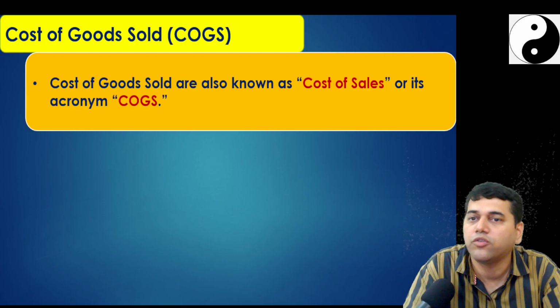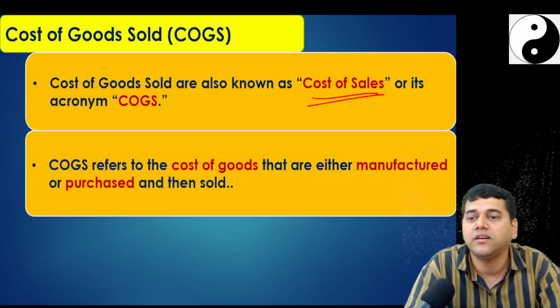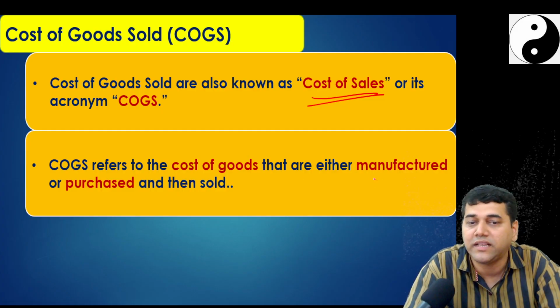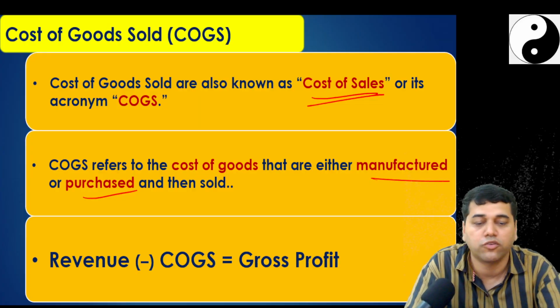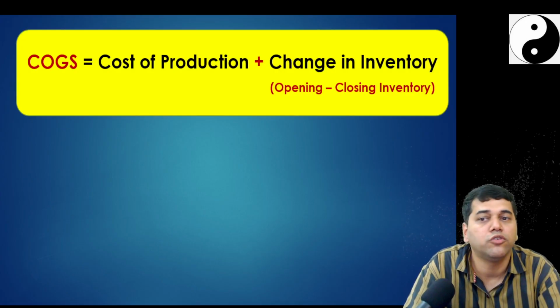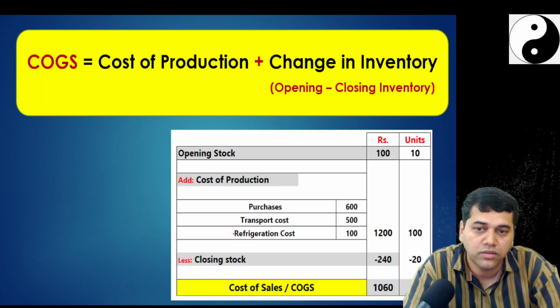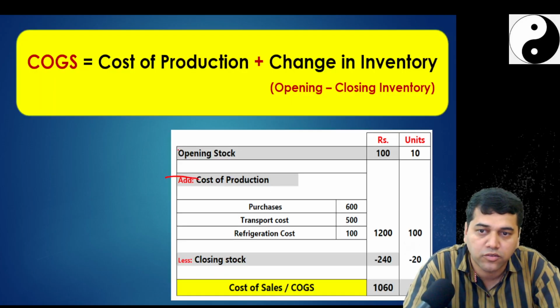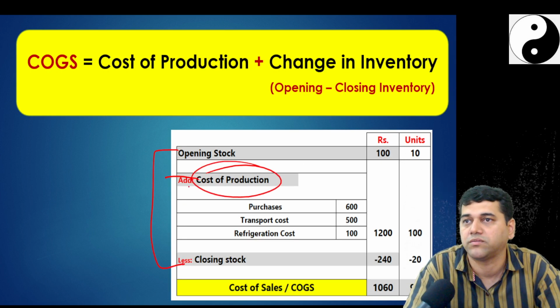So cost of goods sold is also known as cost of sales. It is the cost of goods that are either manufactured or purchased and then sold. So revenue minus COGS is your gross profit. Now COGS is equal to cost of production plus change in inventory. Opening stock plus this is nothing but a change in inventory, and your cost of production.